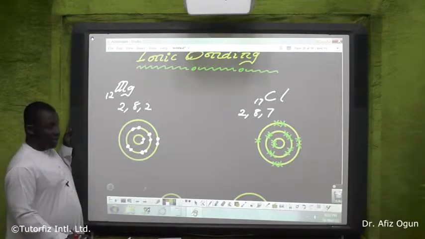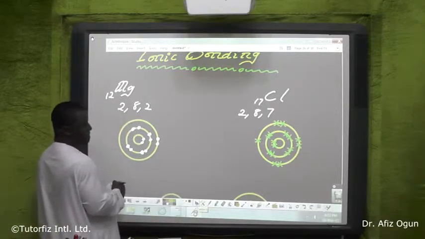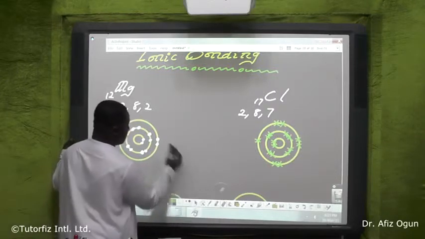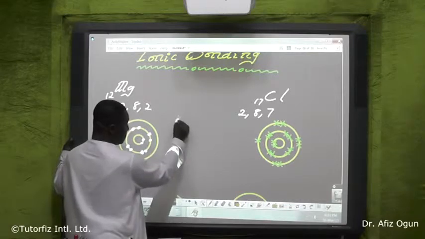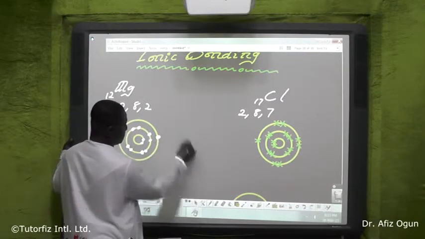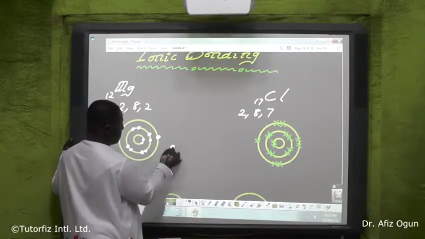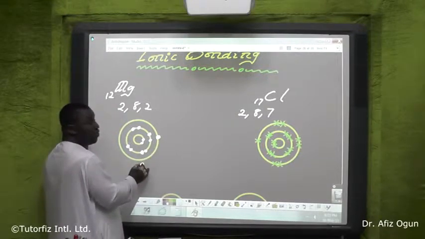What happens here? If magnesium loses, because we said metals lose to become positively charged.